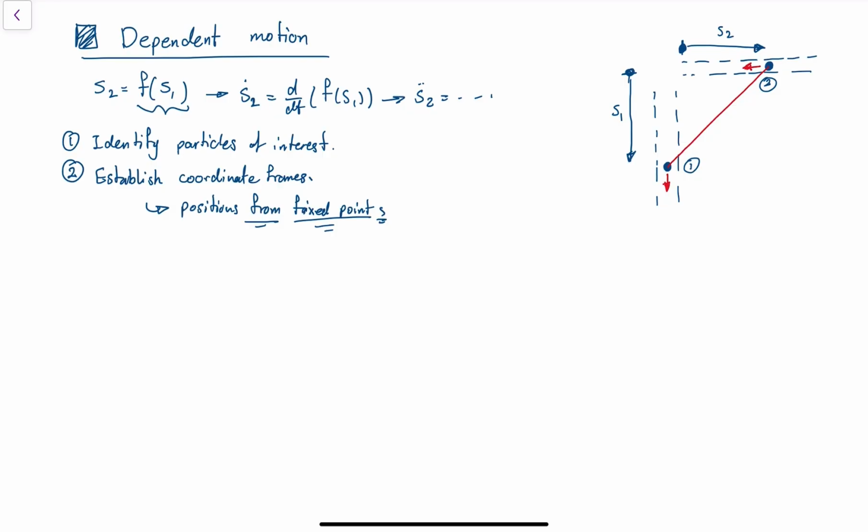So now that I have defined these coordinates, S1 and S2, number 3, the puzzle one, is to identify the constraining quantity.